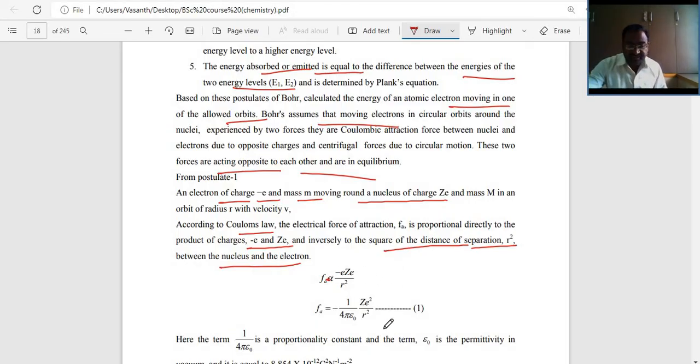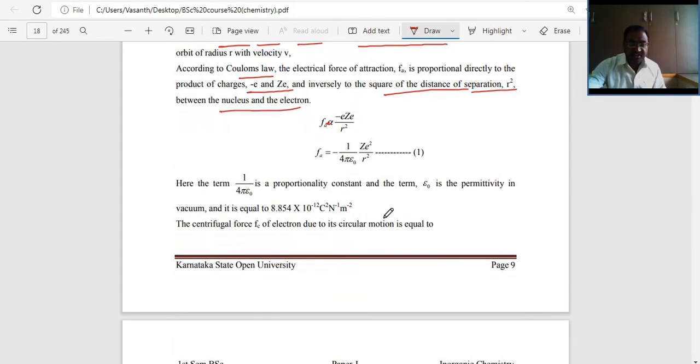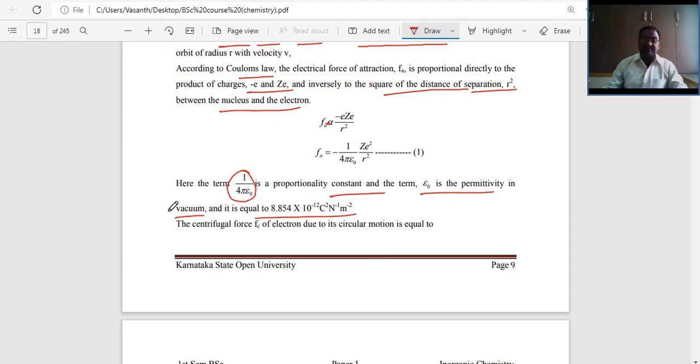This is the mathematical expression of the force of attraction between the nucleus and electron. The term 1 by 4 pi epsilon naught is the proportionality constant, and epsilon naught is the permittivity of vacuum, equal to 8.854 into 10 to the power of minus 12 coulomb square per newton per meter square.